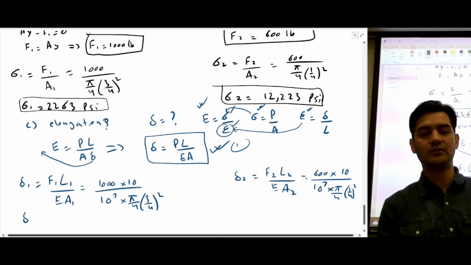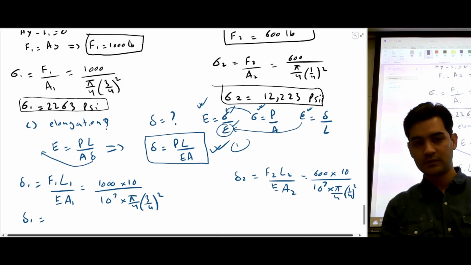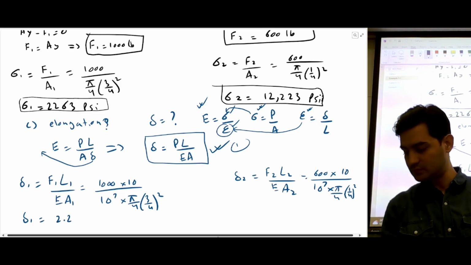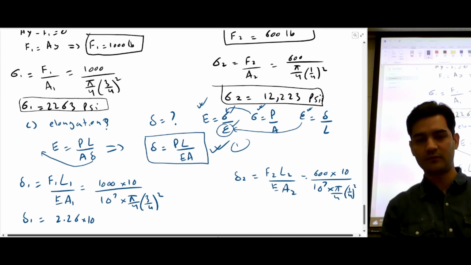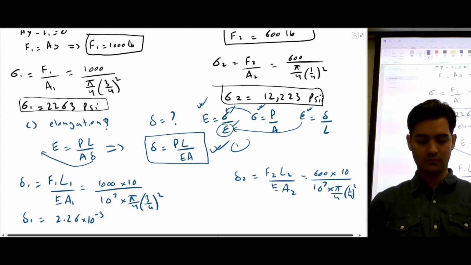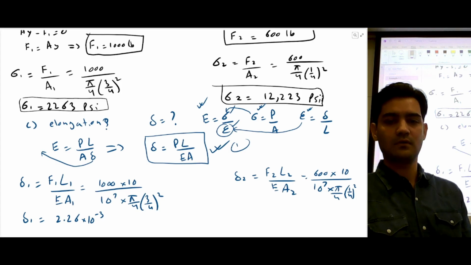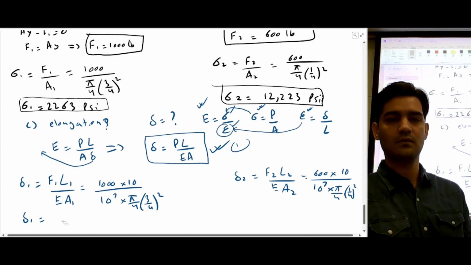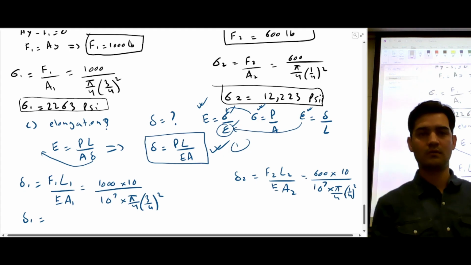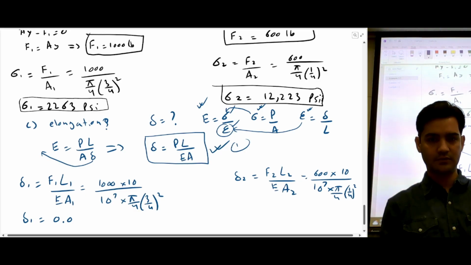So elongation in cylinder 1 is equal to 2.26 into 10 raised to the power minus 3, or 0.00226 inches.